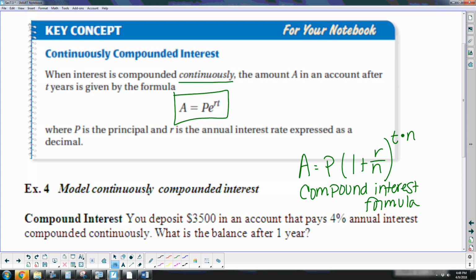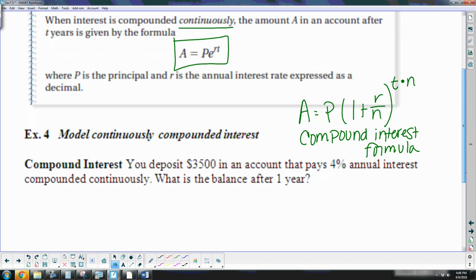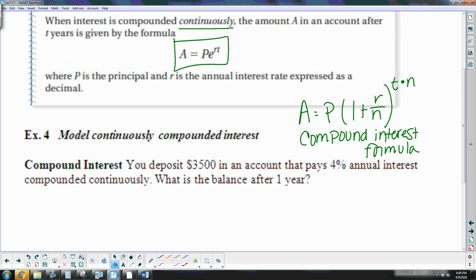We're going to use that e value. So the a is still the amount in the account after t years, and p is still the principal. And r is still the rate expressed as a decimal. So when we compound continuously, that's just constantly compounding, not a specific number of times, but like infinite times per year.